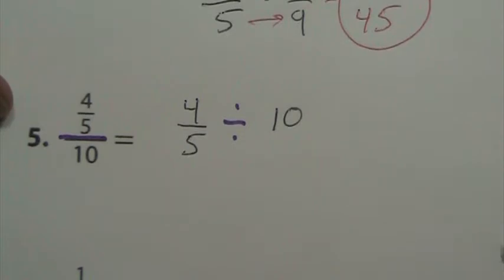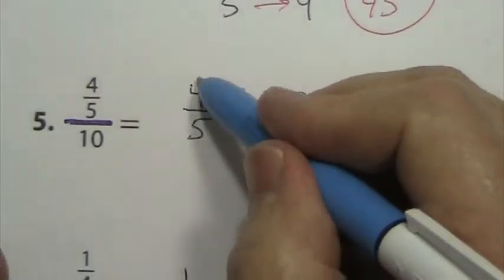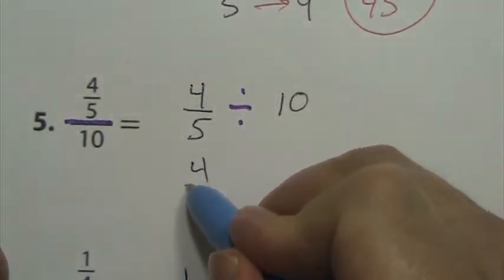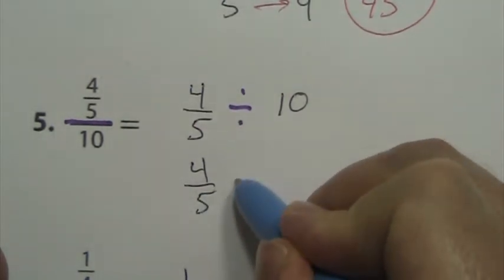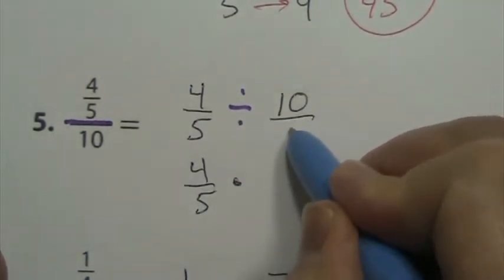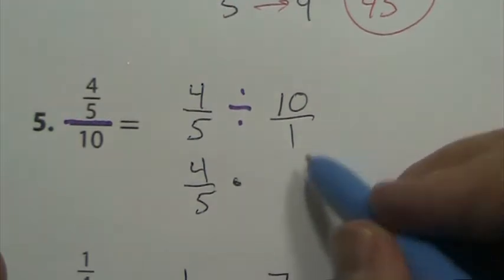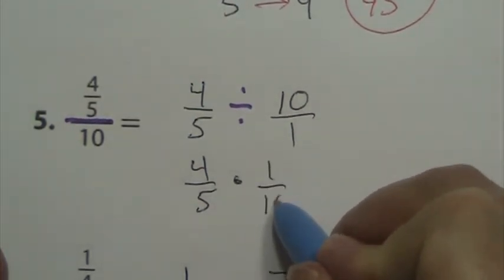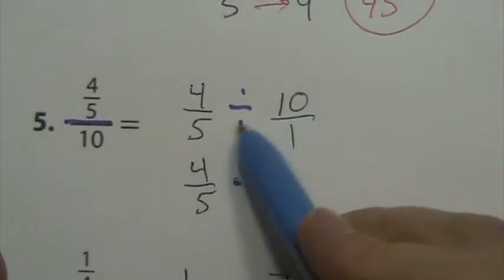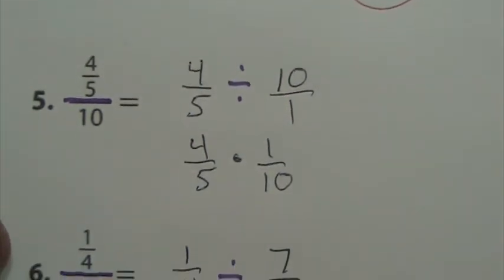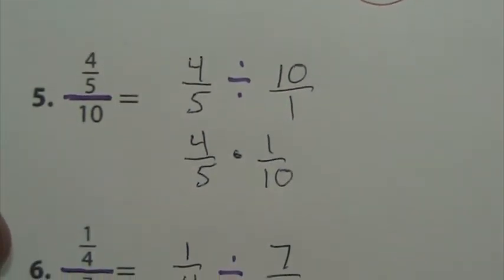All right, so the next one, you keep it, keep this, change this, and then you need to do the reciprocal. Multiply by the reciprocal. 1/10. See, they're trying to fool you. They're trying to trick you. All right, can I reduce anything?